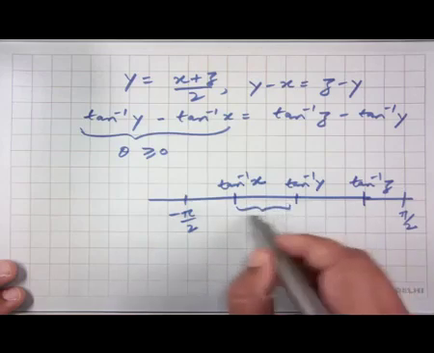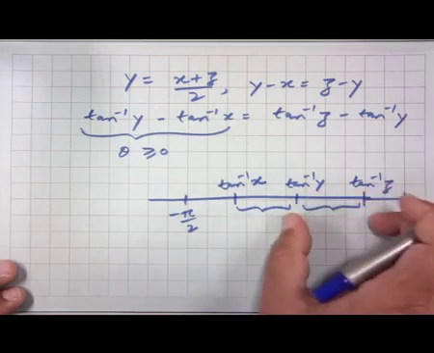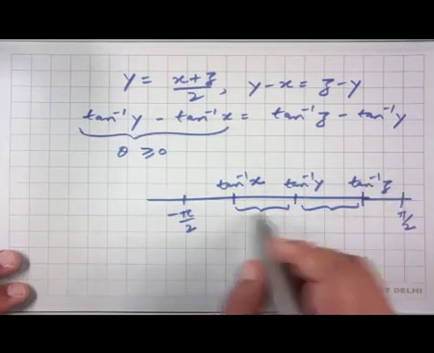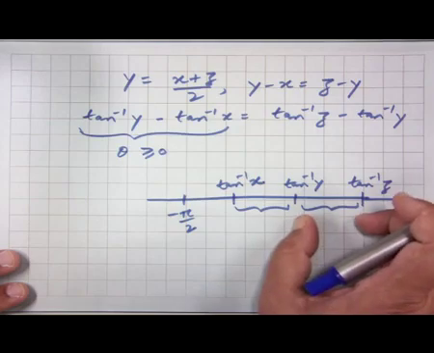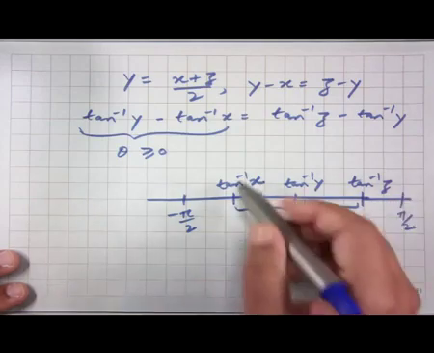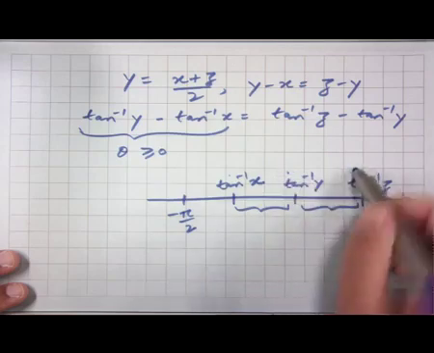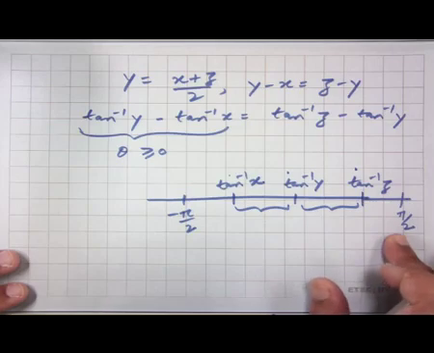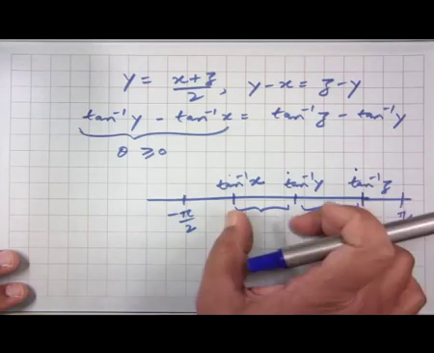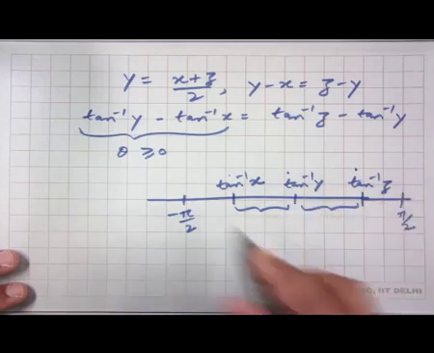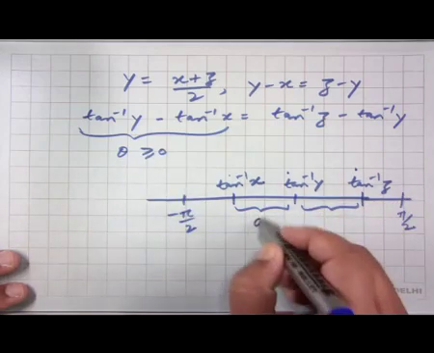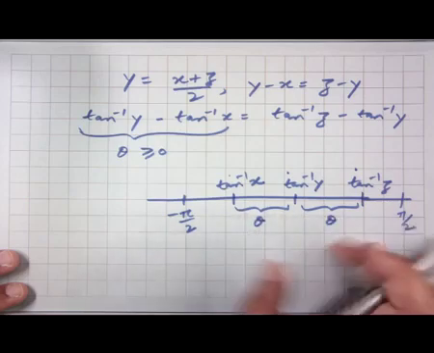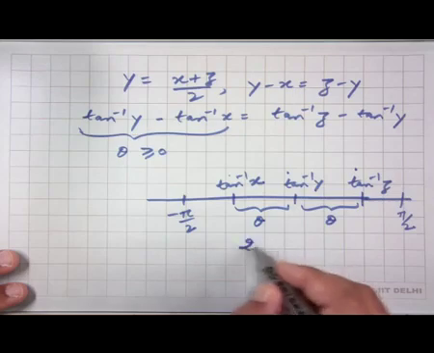These angles are equal in measure, and all of tan inverse x, tan inverse y and tan inverse z have to lie in the interval minus pi by 2 to plus pi by 2. If theta is positive, then this is theta and this is also theta, and if we add both these thetas, we get 2 theta.